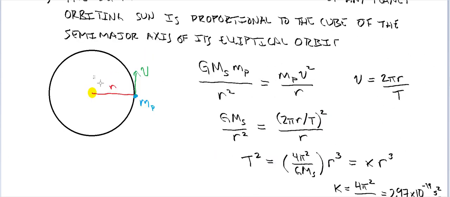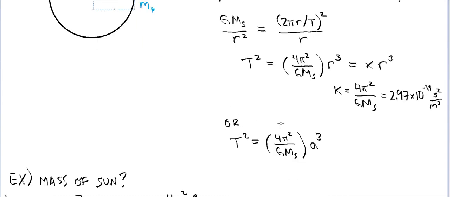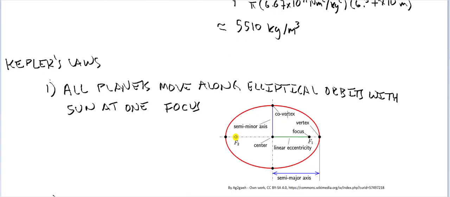So here, note that I said r because I was treating the orbit as perfectly circular. As it turns out, it's a little bit more complicated mathematically, and so I'm going to skip it. But if you just take the semi-major axis, right?